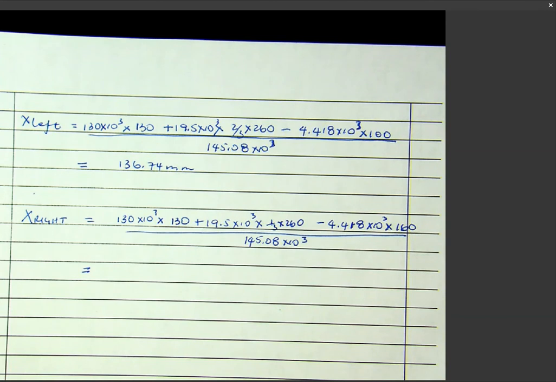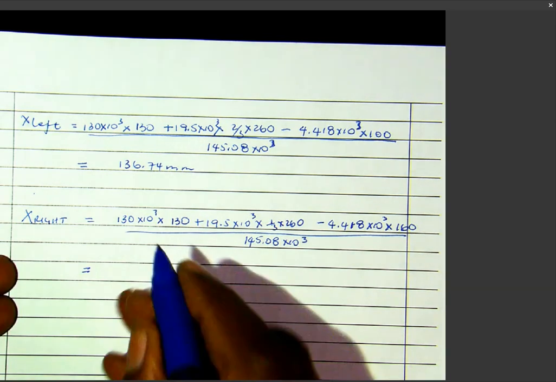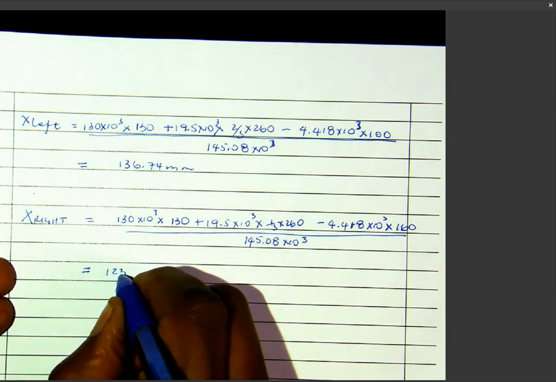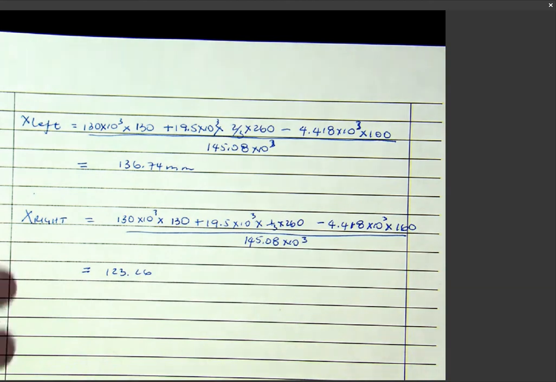Plus, here I'm getting 123.26. If I add the two, 123.26 plus 136.74 should give me, why is it giving me 263?